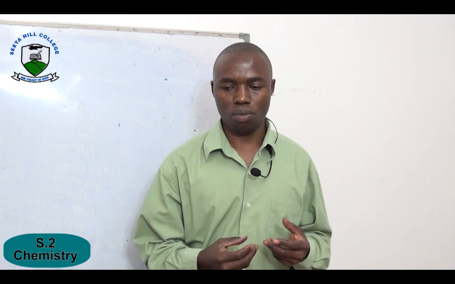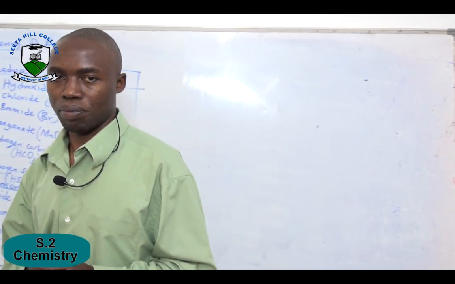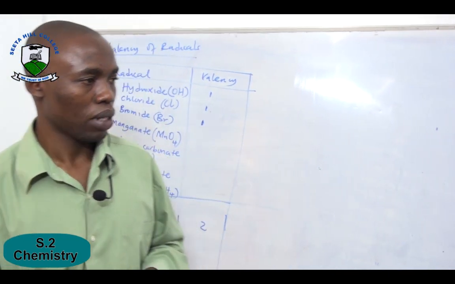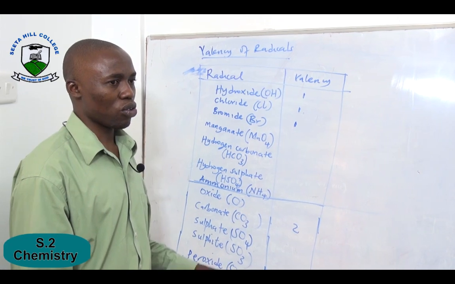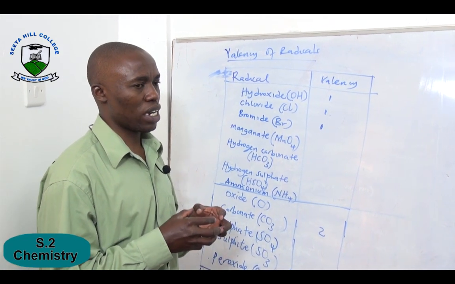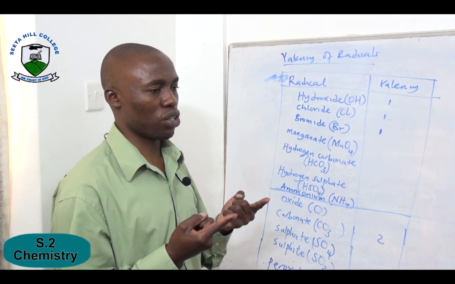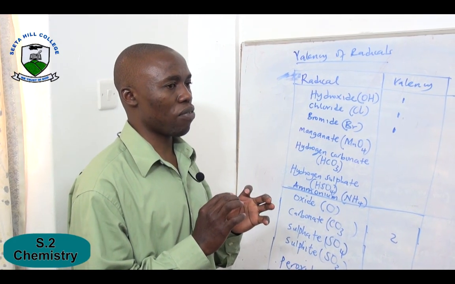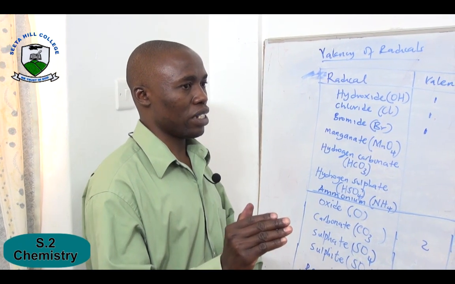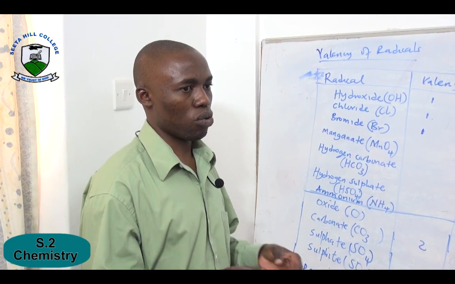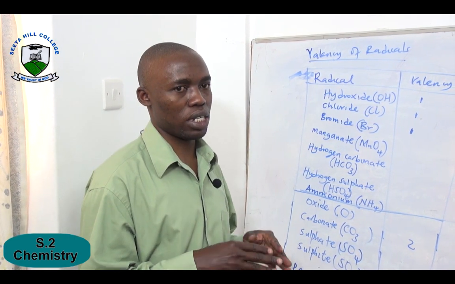It changes from being an element to being called a radical. That's why you are seeing the nitride is N. That means you cannot have a nitride as an element. When you have an element, it will be called nitrogen. But when you have a compound like calcium nitride, it will now be a radical because it will have been in combined form as a compound.